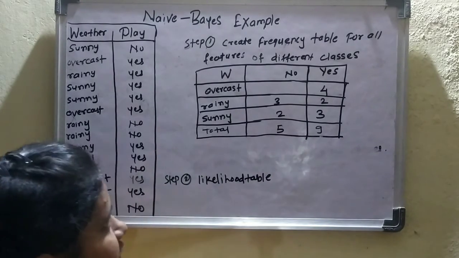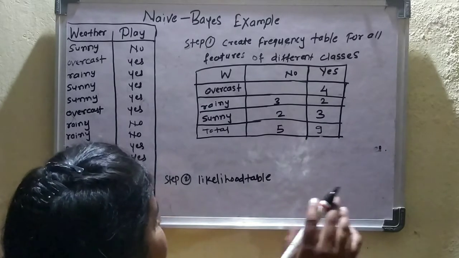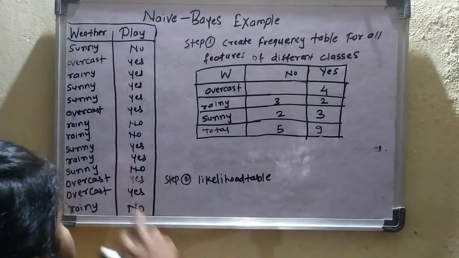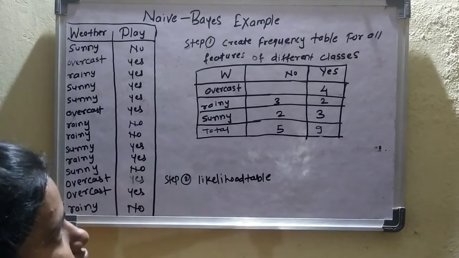Now we have the total values here. Now we know how many total values of yes there are. Here a total of 14 values are there. If we calculate all the values, we have 14 values.